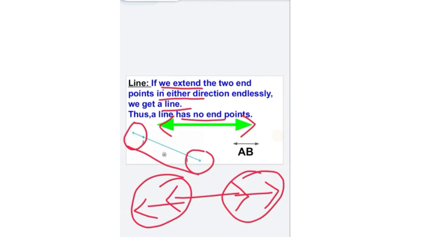Now how can we represent a line? Here you can see it has A and B on both of its sides, so we can write it as AB.